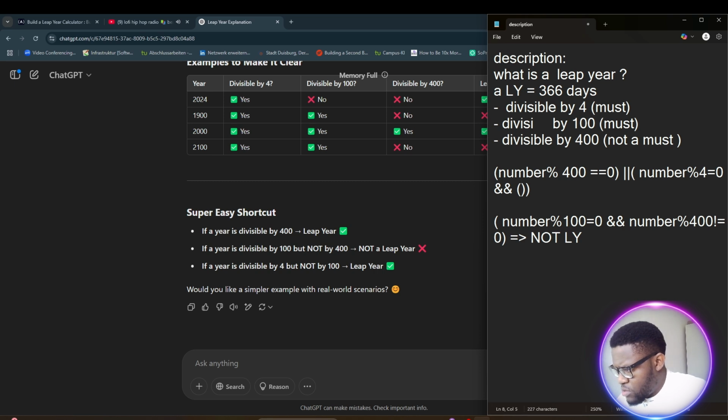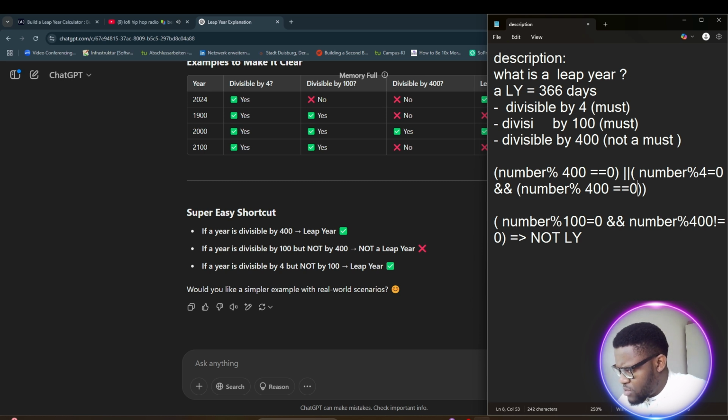Not 100. It's not quite easy to understand this stuff. I don't know if it's because of my English skills that are not that good, but okay. Divisible by 100.